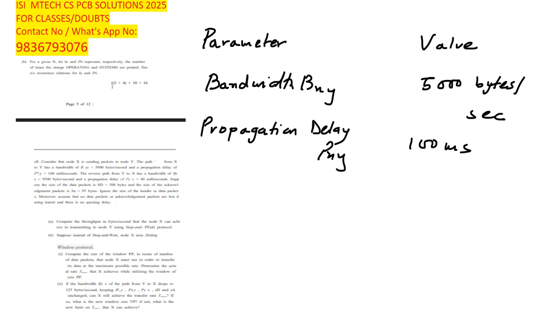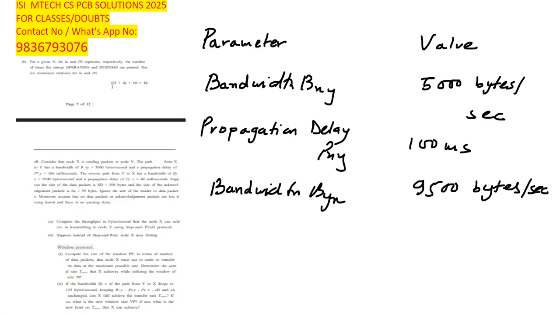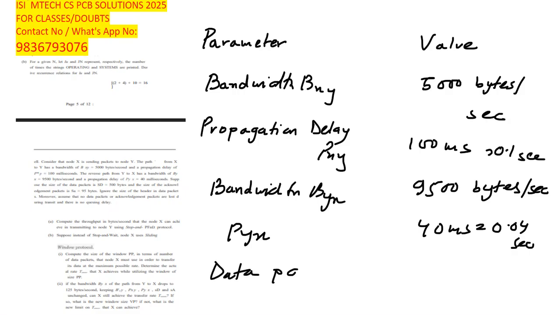Okay, next bandwidth pyx, then 9500 bytes per sec. Okay, so here propagation delay for pyx will be again 40. So if you convert and write, then this is 0.1. Okay, and the data packet is 500 bytes, and the ACK packet is 95.